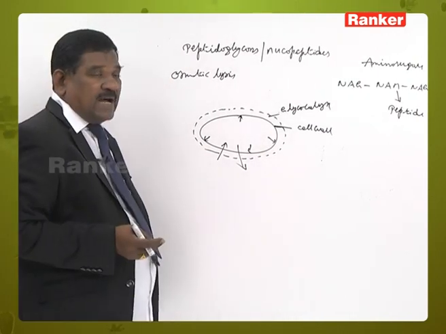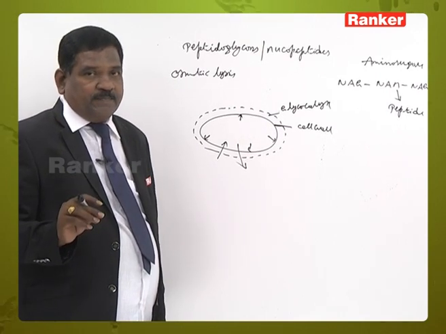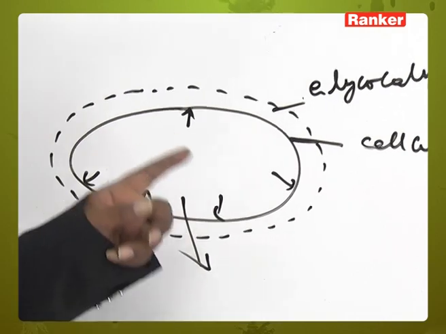Christian Gram classified bacteria into two types based on a staining procedure. That stain is mainly absorbed by the cell wall.